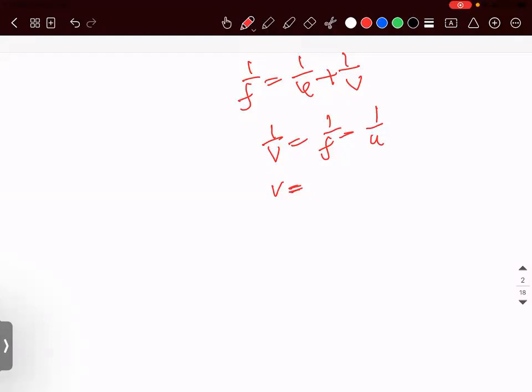So v is positive means it's real or virtual? V is positive means it's virtual. So what's the magnification?